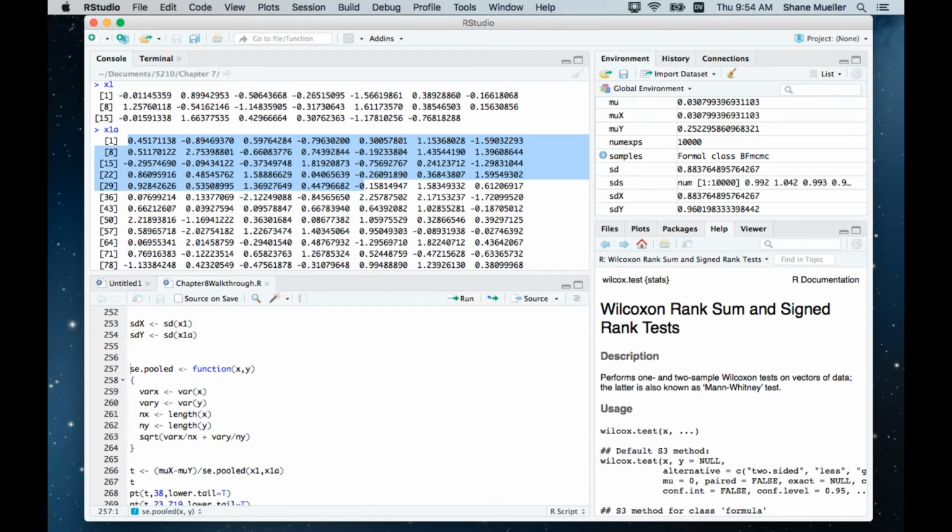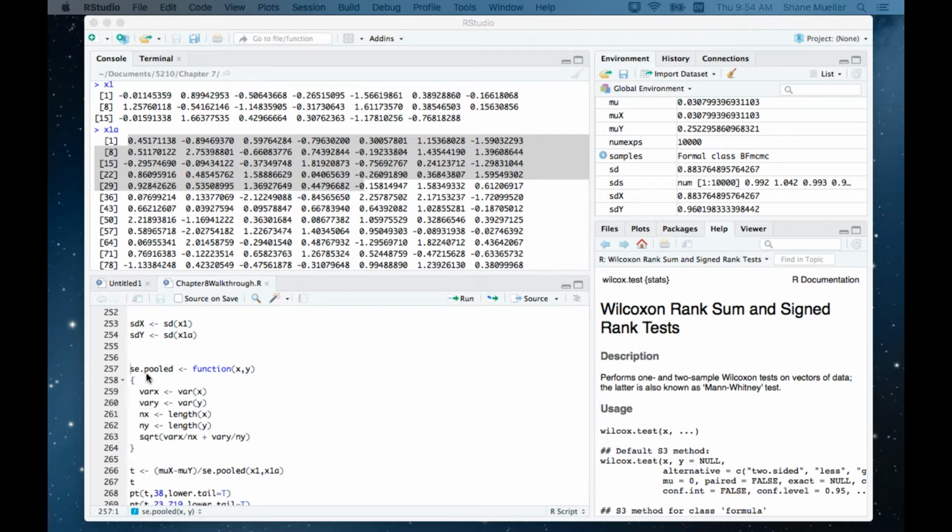Well, it turns out that you can come up with principled ways of combining standard deviation across groups, and it's going to be a sort of weighted average. So to compute a pooled standard deviation, we compute the variance of the two and the size of the two, and then this is sort of a weighted average. You calculate the square root of variance 1 divided by n1 plus variance 2 divided by n2. This calculates the standard error.